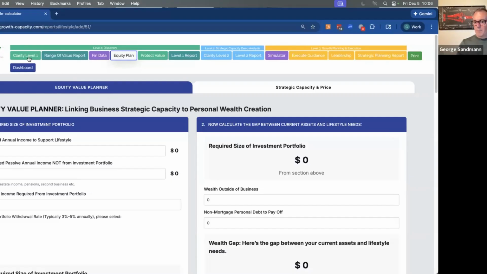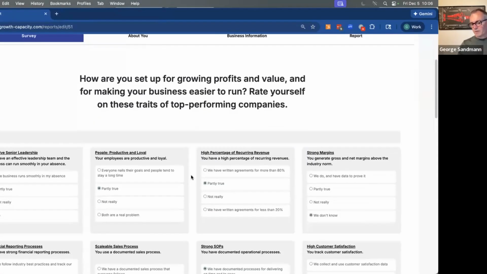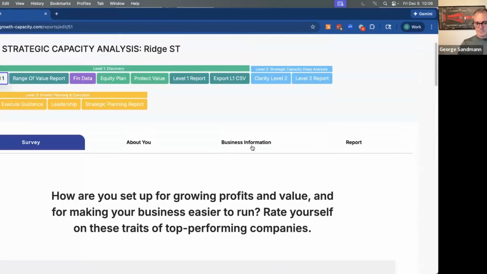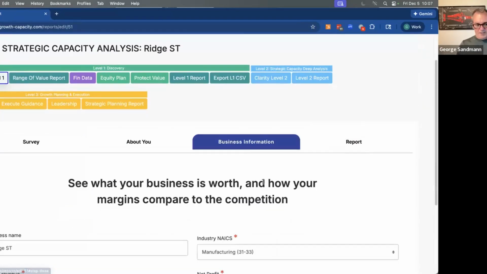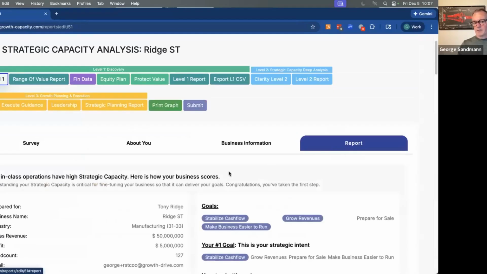We also must have completed Clarity Level 1. So here we are, this person has completed Clarity Level 1, and we have their business information and their report. And when you click Submit in Clarity Level 1, it pushes this data into relevant parts of the system.